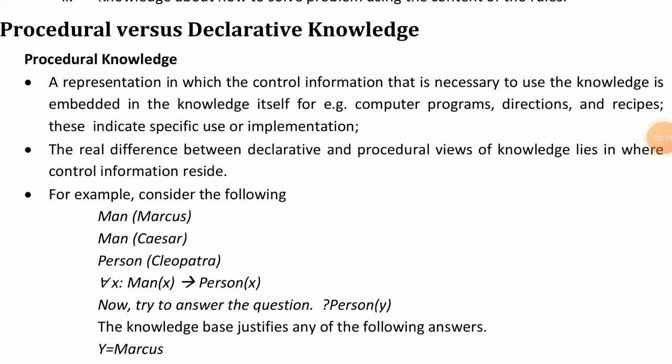In procedural knowledge, a representation in which the control information that is necessary to use the knowledge is embedded in the knowledge itself. Some examples are computer programs, directions and recipes. This indicates specific use or implementation.